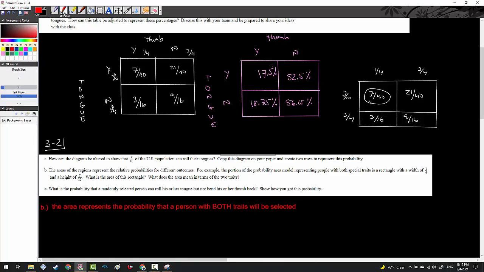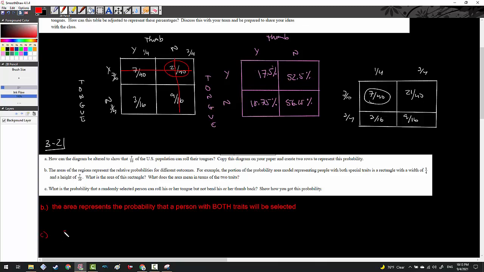So part C says, what is the probability that a randomly selected person can roll his or her tongue but not bend his or her thumb back? Show how you got this probability. Okay, so again, we're trying to say they can roll their tongue, right? So the tongue part is the yes right here. This is the row for the tongues, but they cannot bend their thumb back. And so that's going to be a no for the thumb. So where do those two probabilities intersect? It's going to be 21 out of 40.